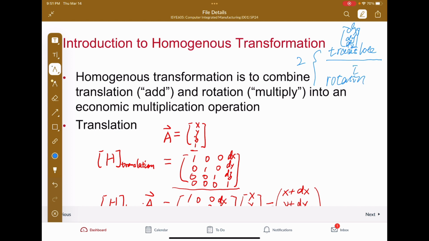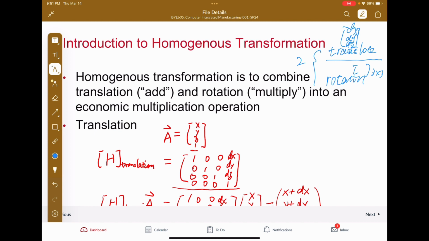For the rotation, it's a 3×3 matrix. So these two are different. If you want to use the computer to calculate it, you need to tell the computer which format or which matrix we want to use.